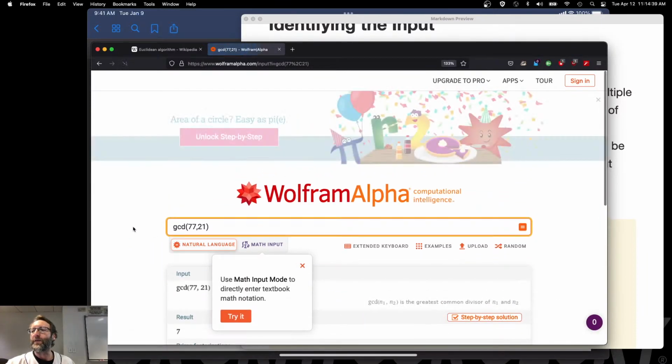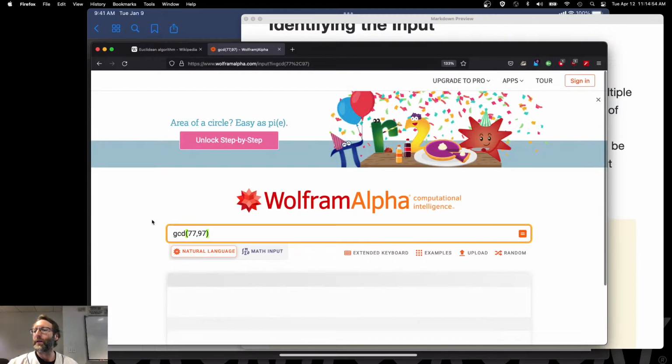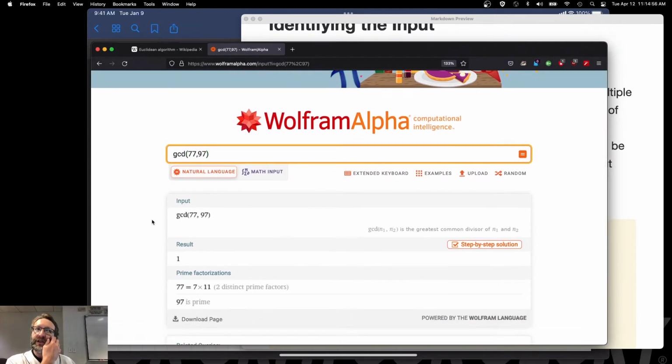I knew that 7 divided both of those things. So there's the GCD of those two numbers. What if they don't have any common divisors? I don't know, 97? There we go. There's always a GCD of at least 1. If they don't have any common divisors, then 1 divides anything, and that's the simple answer.